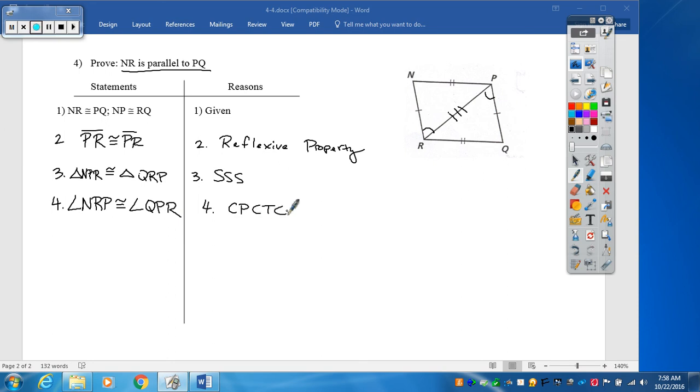Every time you write that out, think to yourself, corresponding parts, which the angles are, they're corresponding parts of congruent triangles, which we've proven up above, side, side, side, are congruent. That's how I know they have to be true.